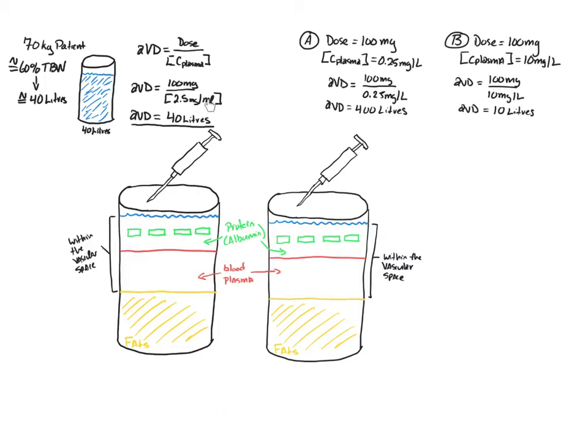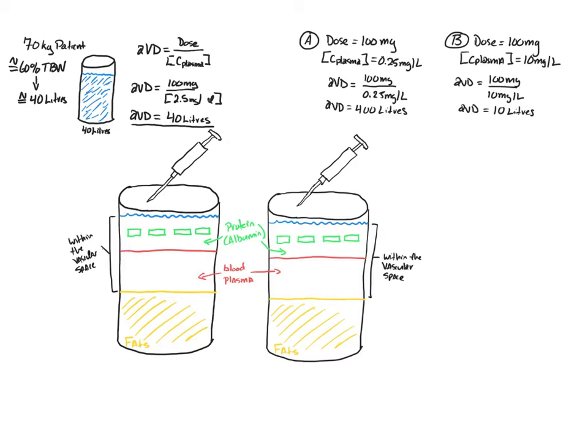It actually says milliliter there, but let's change that real quick. So 2.5 milligrams per liter, and then we divided this out, and the milligrams canceled out, liters is left behind, and that gave us 40 liters.